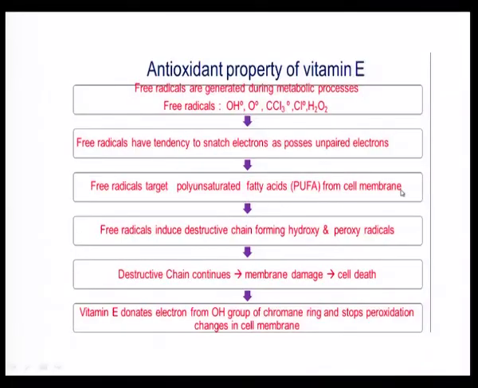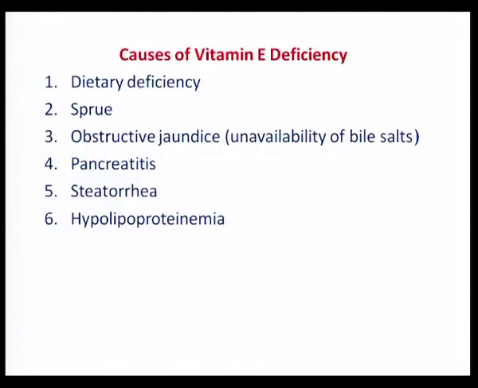They are extremely reactive in absorbing these electrons and bringing stability or forming a covalent bond. Free radicals target polyunsaturated fatty acids from the cell membrane, as I've told you. And if you look at how they are able to do it, in the coming session we would elaborate more on the antioxidant effect of vitamin E.